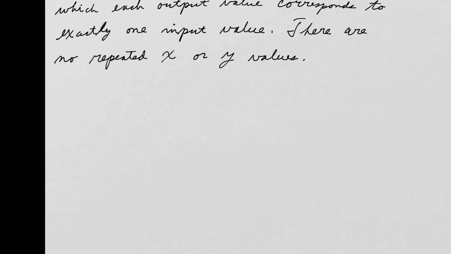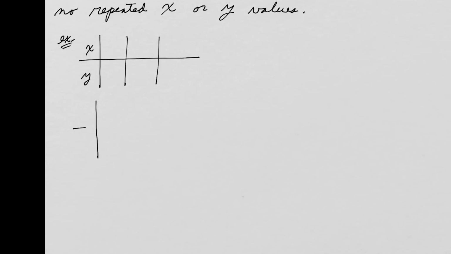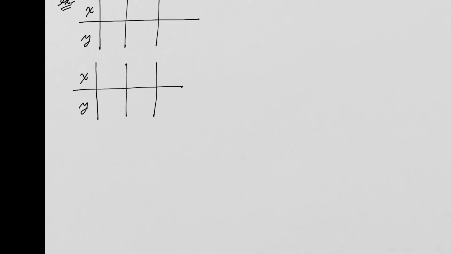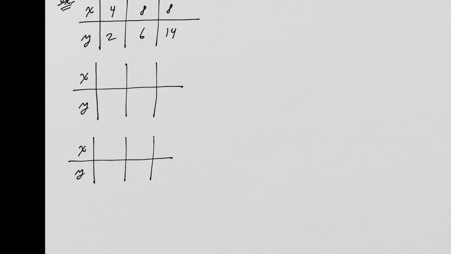Okay, so here, as an example, let me give you a few tables. Let's say the first table is 4, 8, 8 on top and 2, 6, 14 below.